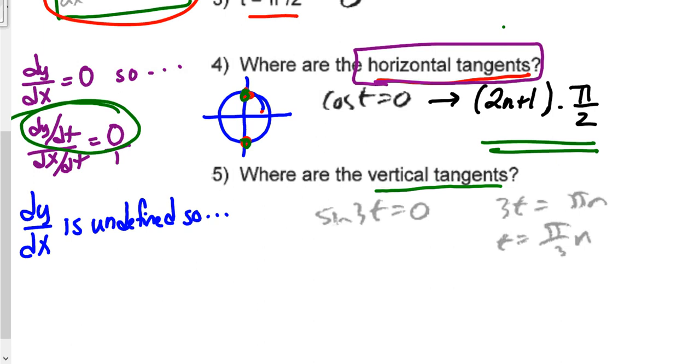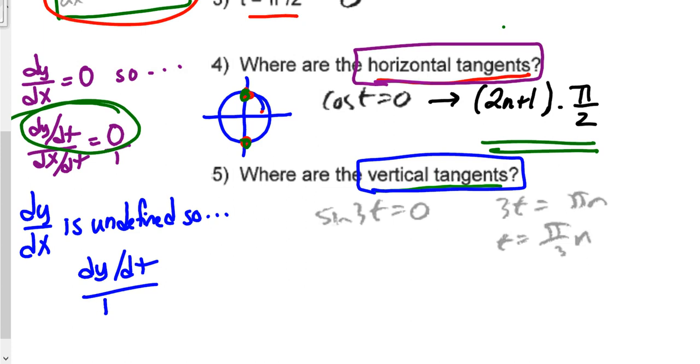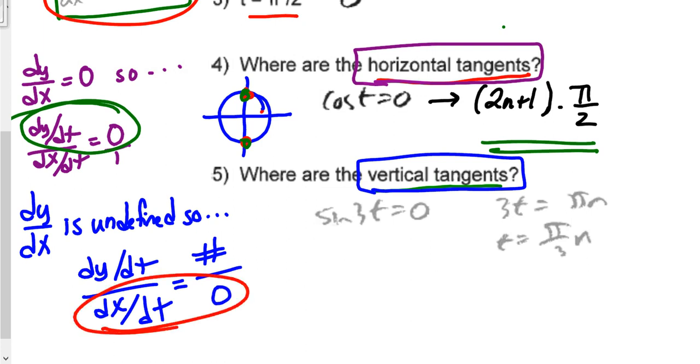Question 5, I'm asked to find vertical tangents, and my vertical tangents are going to be when my slope is undefined. And slope is dy dt over dx dt. So for that to come out with something undefined, I need to have a non-zero number over 0. So this part has to be 0. So if dx dt is 0, the 1/3 doesn't matter.